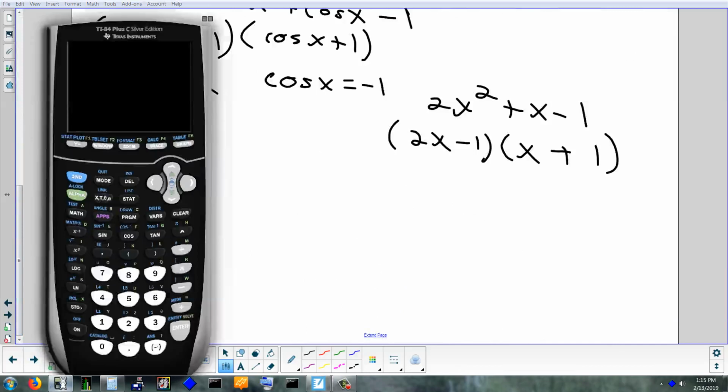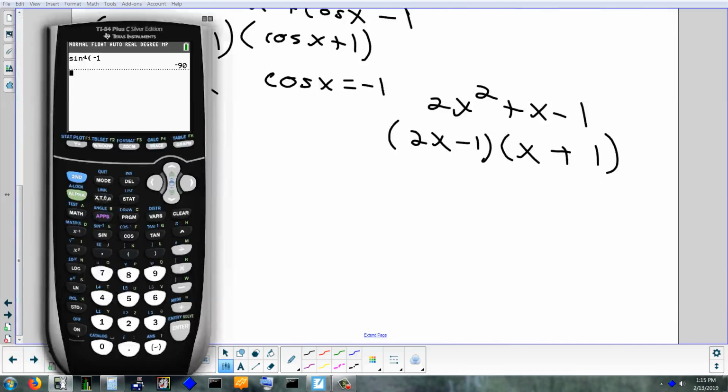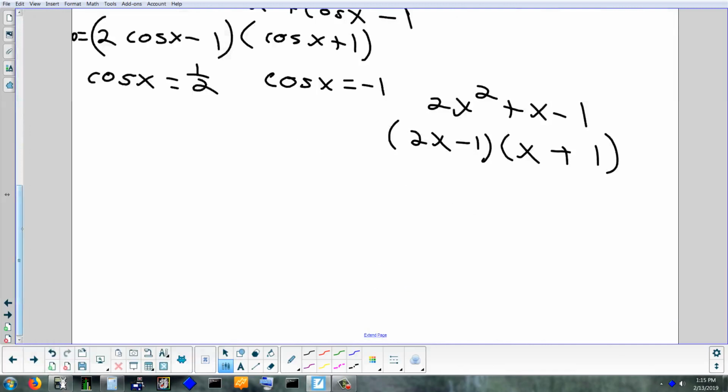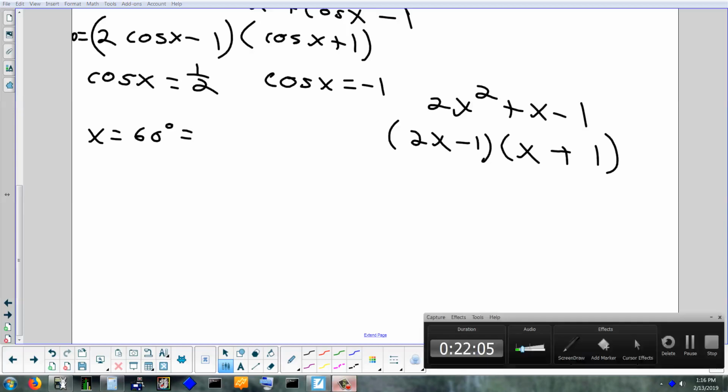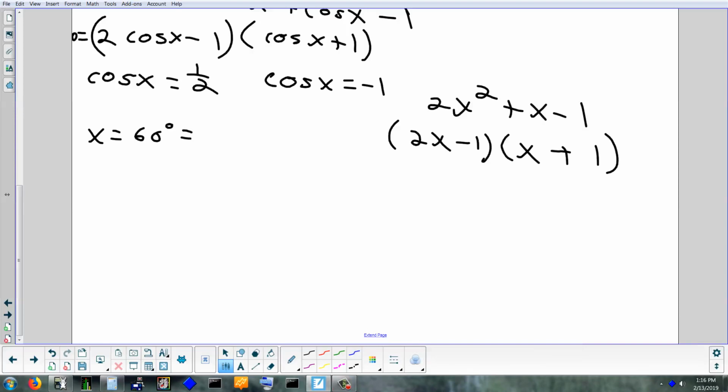Okay, now we're going to solve them. Let's do the inverse cosine of 0.5. Inverse cosine of 0.5, 60 degrees. What's 60 degrees in radians? 2 pi over 3.